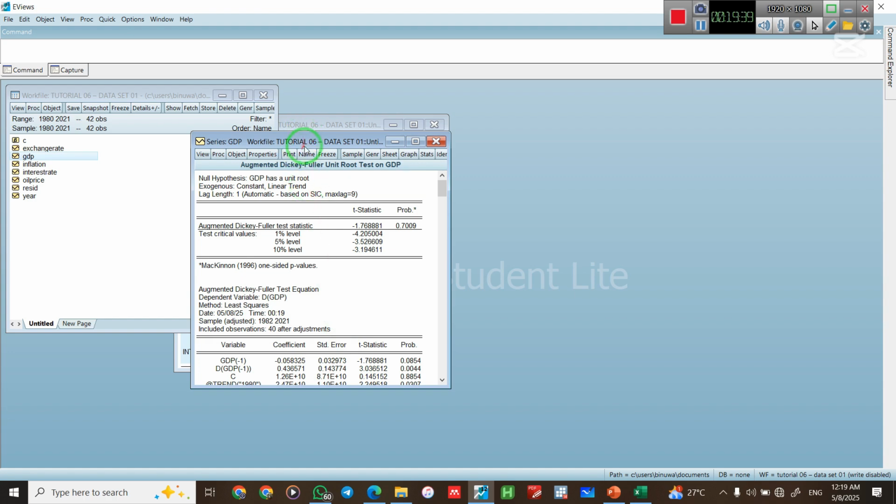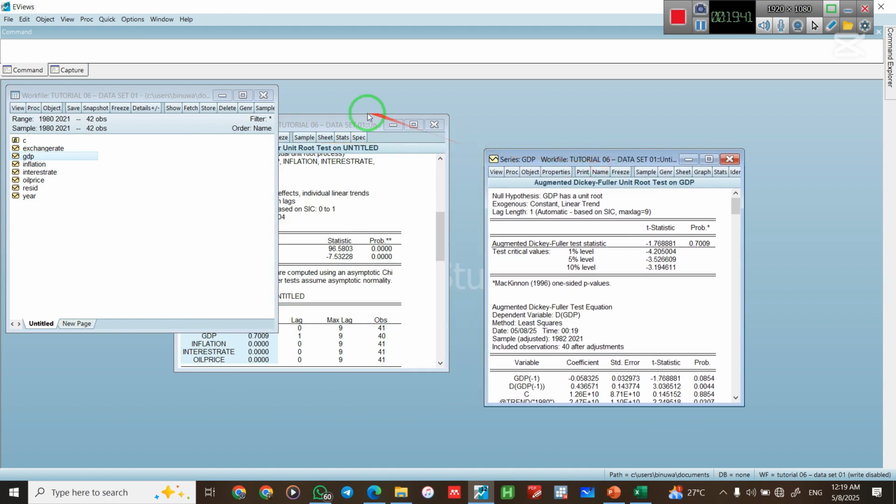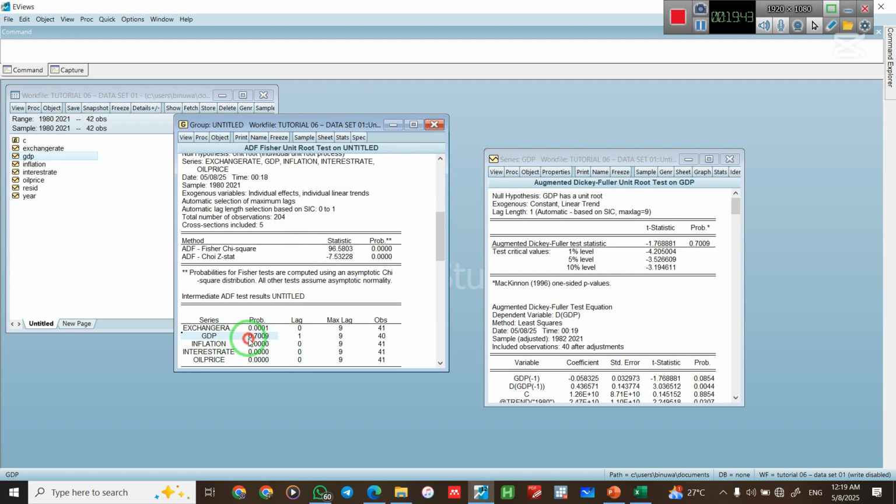So you will get a similar result like this. GDP here also is not stationary at level data. Here also you can see that it is not stationary at level data, but all other variables except GDP become stationary at level data, right?